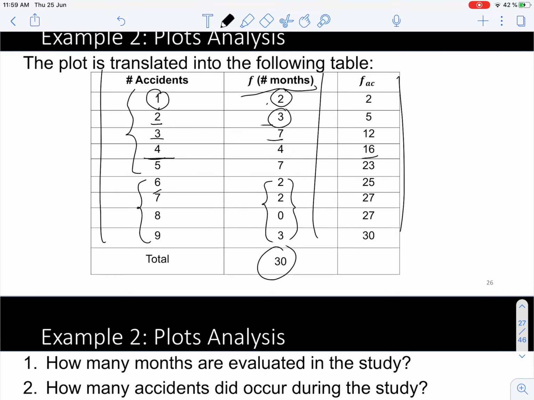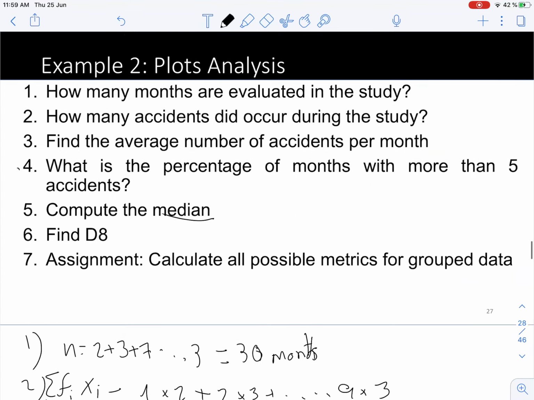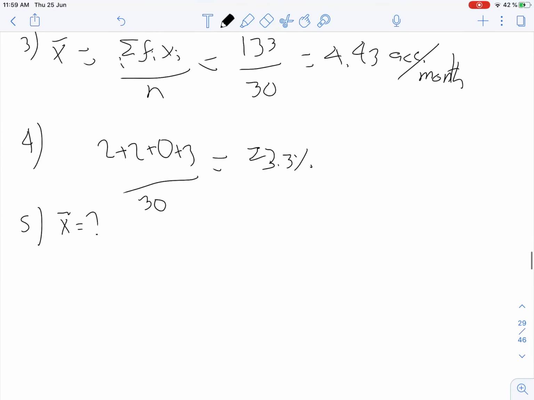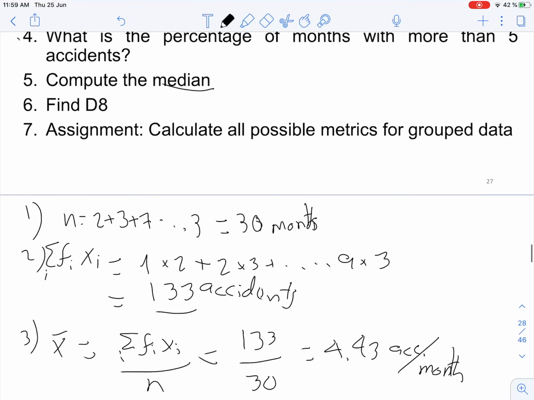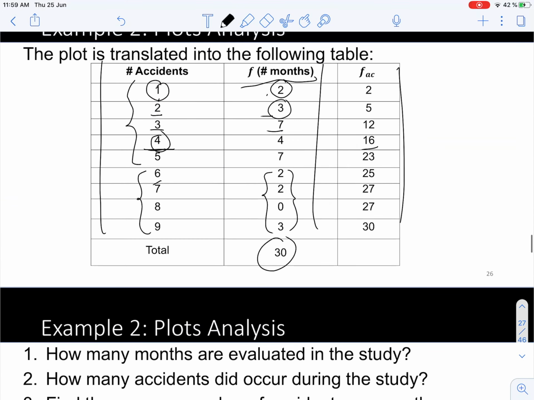So we have in that class the two positions that we're looking for, 15 and 16. The easy part here is that all the positions inside this class have the same value. It's 4, right? Then the median is 4 plus 4 divided by 2. So it's just 4. That's the median.